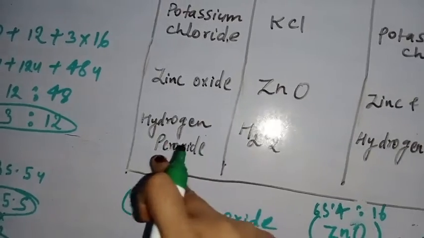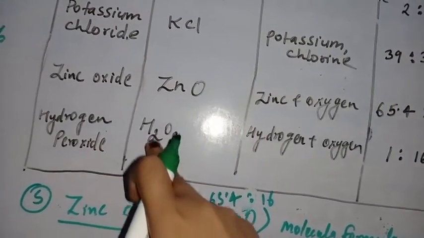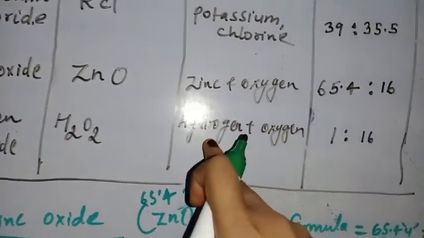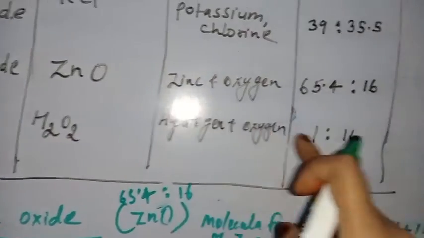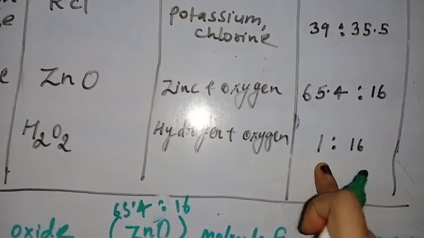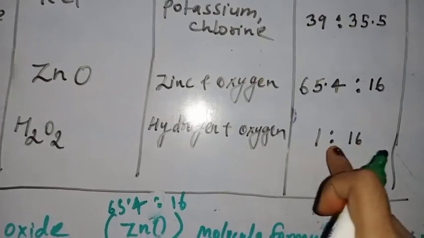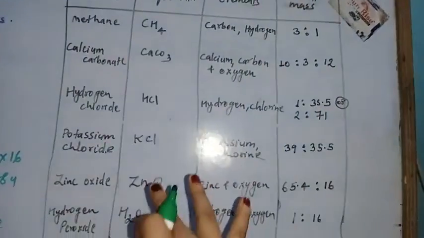Then the last one is hydrogen peroxide. The chemical formula of hydrogen peroxide is H2O2. Combining elements are hydrogen and oxygen, and the ratio by mass of the combining atoms is 1:16. So like that it is written.